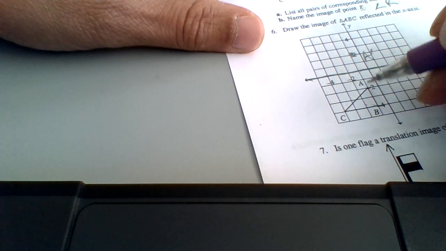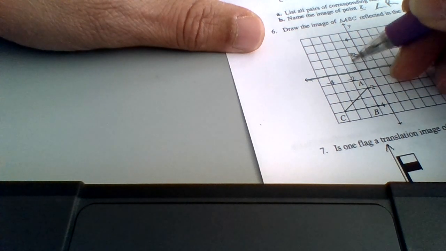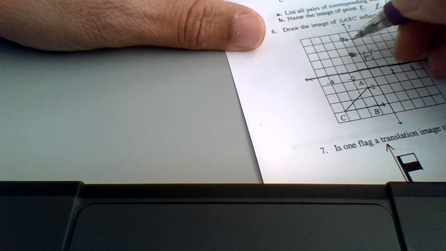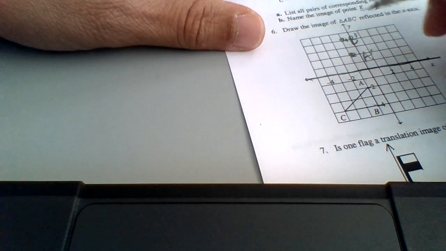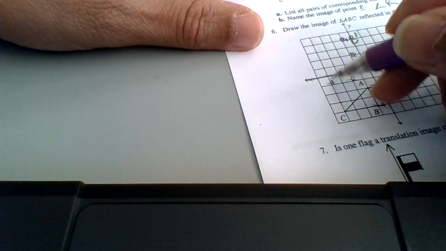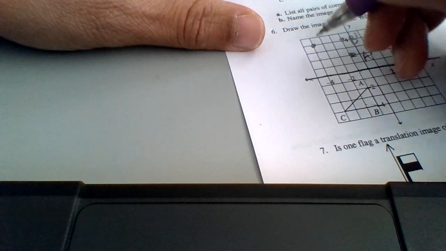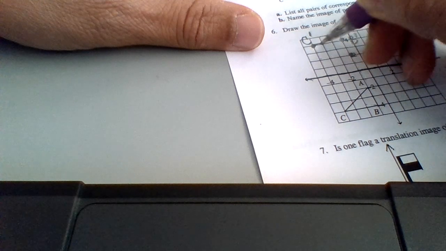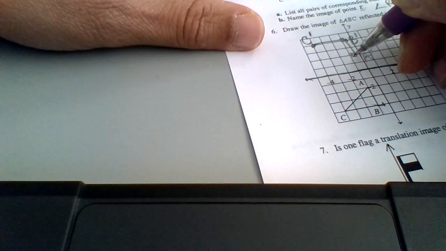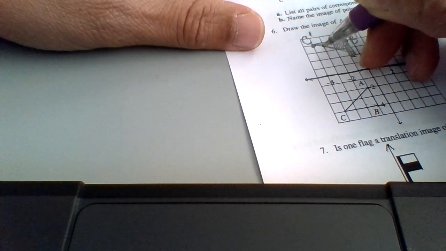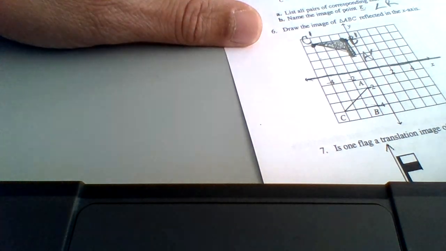I had to go 1, 2, 3, 4 to get to the line, so 1, 2, 3, 4 past the line. This is now B prime. And 1, 2, 3, 4, so 1, 2, 3, 4 past it. And this is now C prime. All right, so we're done, so I can shade that in. That's my final answer.